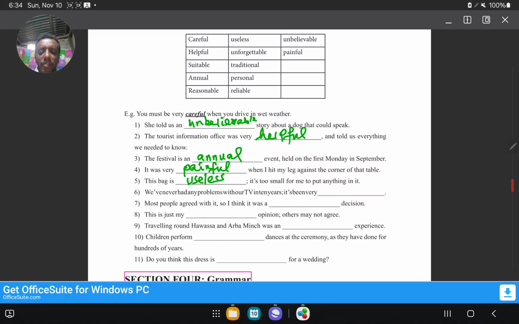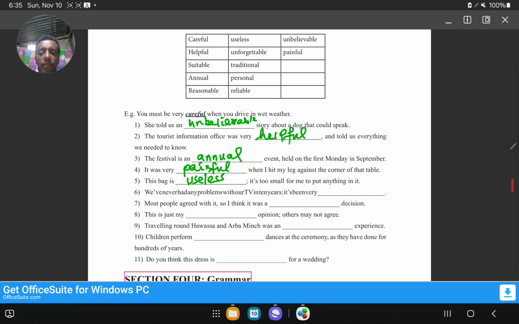Question number 6. We have never had any problems with our TV in 10 years. In 10 years it has been very dash.